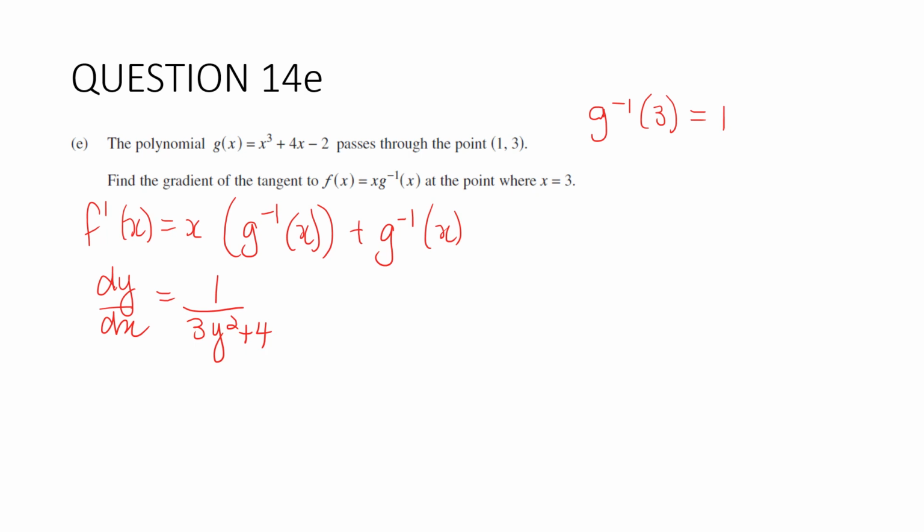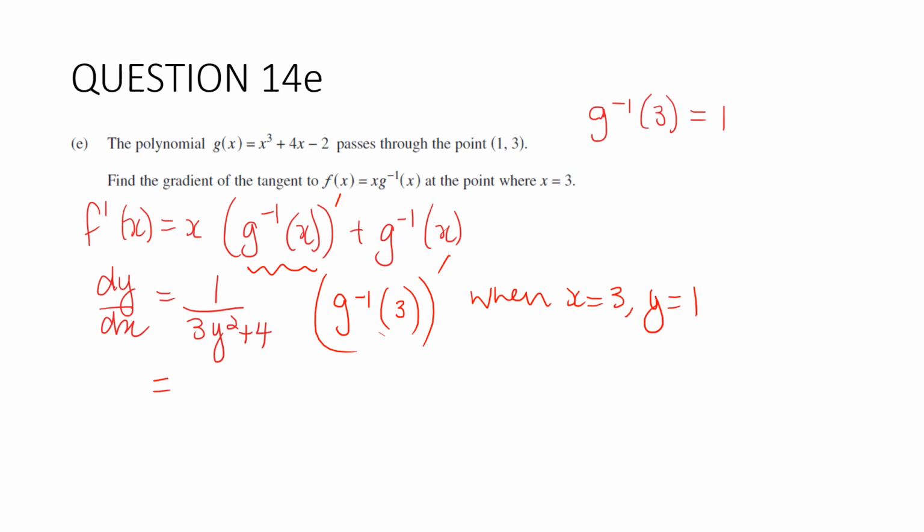So what we need is the value of the derivative of the inverse function of g at x is equal to 3, if that makes any sense. Now we know when x is equal to 3, y is going to be equal to 1. And so this is going to be equal to 1 over 3 plus 4, which is 1 on 7.